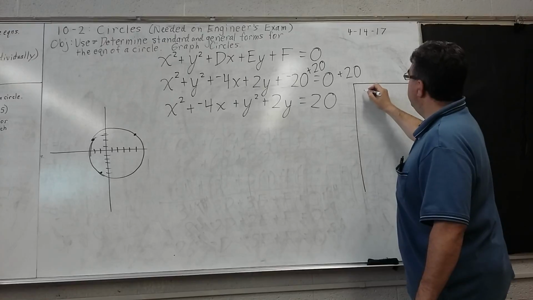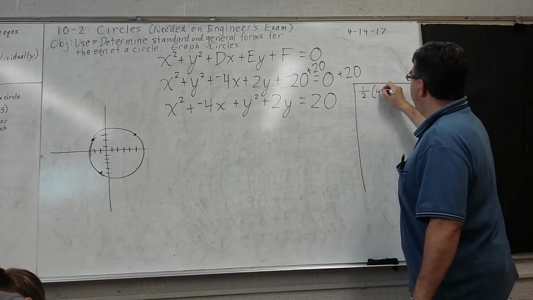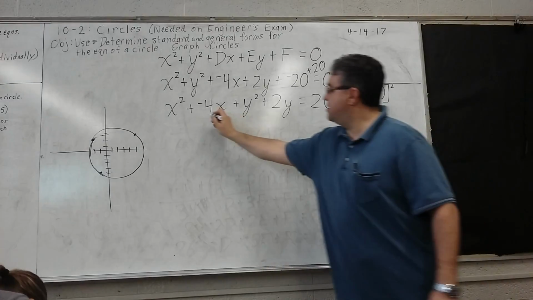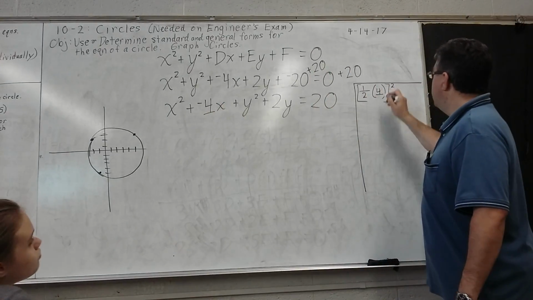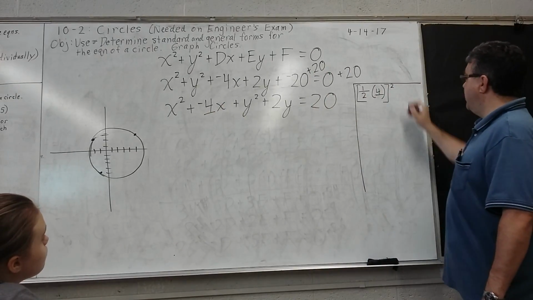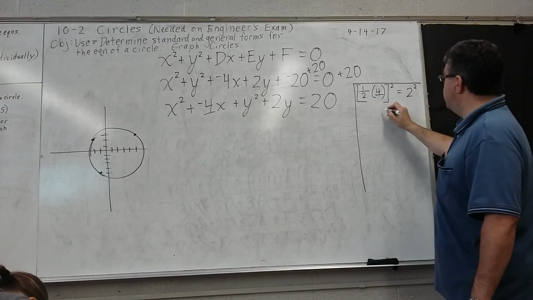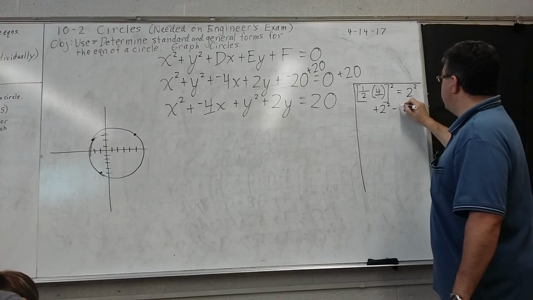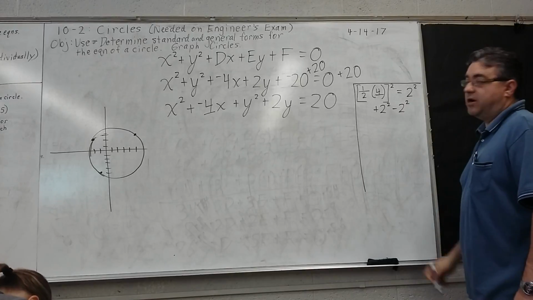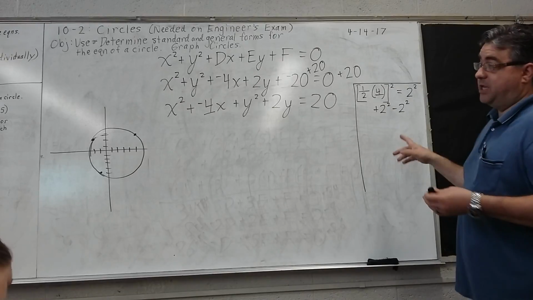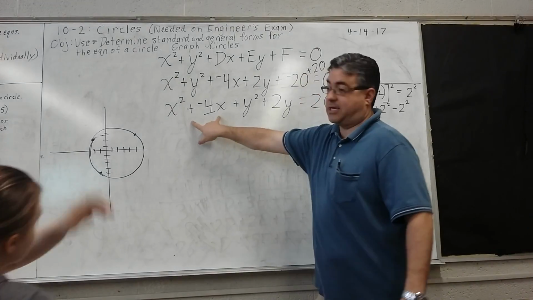So we have half of 4 all squared. Half of 4 is 2, so we're doing 2 squared. So we want to do plus 2 squared and minus 2 squared to complete the square. We're completing the square for the x terms.